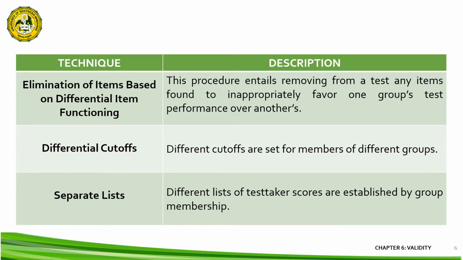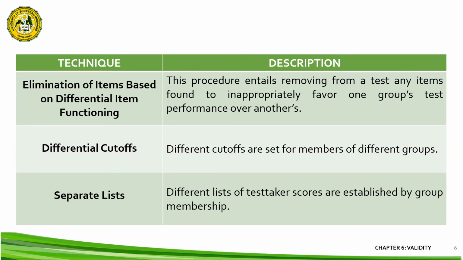So it is simply eliminating the test items that would favor the dominant group. If we eliminate items that favor the dominant group, we could consider the test itself valid and fair for the test takers.